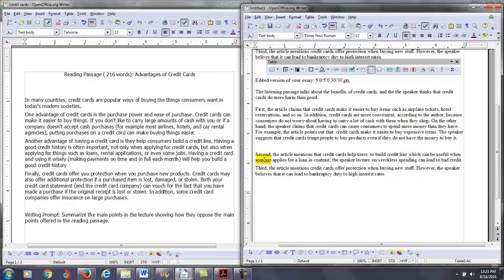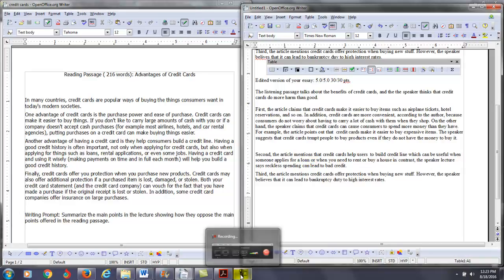So someone applies for a loan, you might say, or we could put, or when they need to rent or buy a house. So you might put that in there, just kind of developing your ideas a little bit more. So when you're explaining somebody's ideas, you want to go beyond just explaining the main point of what they're saying. You probably want to go into some of the supporting details, some of the information that kind of connects back to that. I think that would probably be useful there.